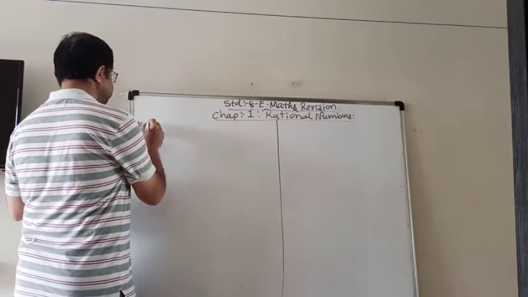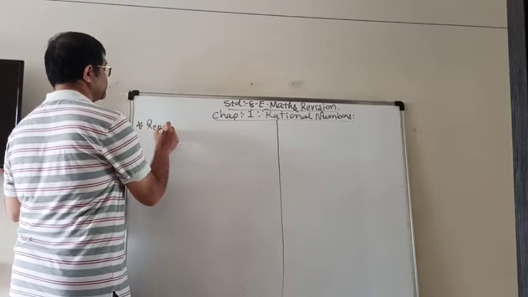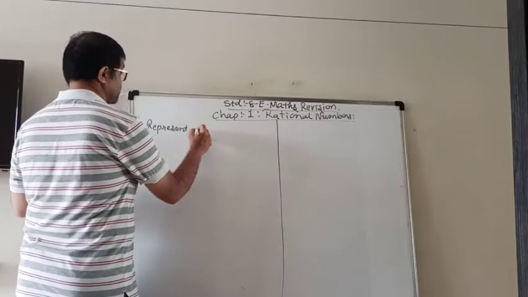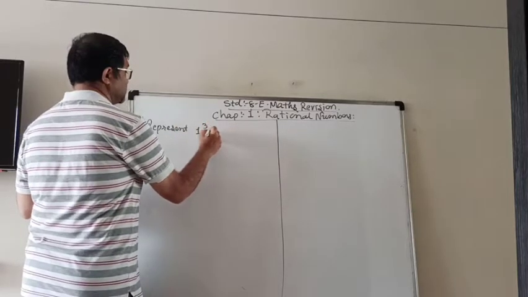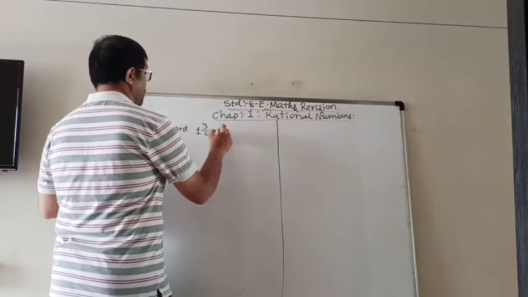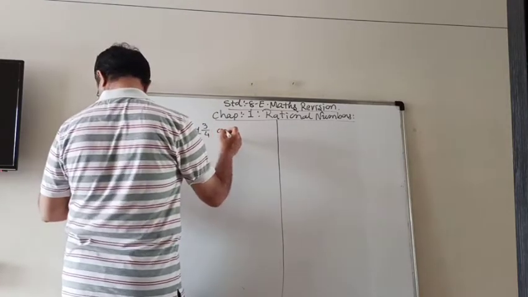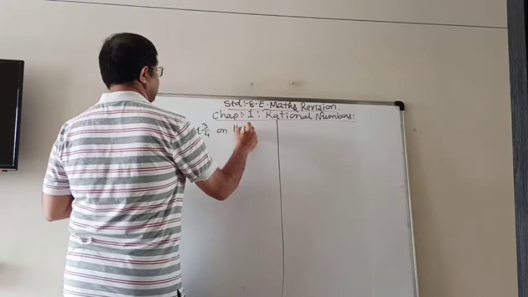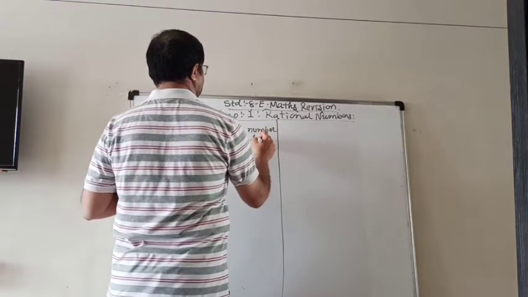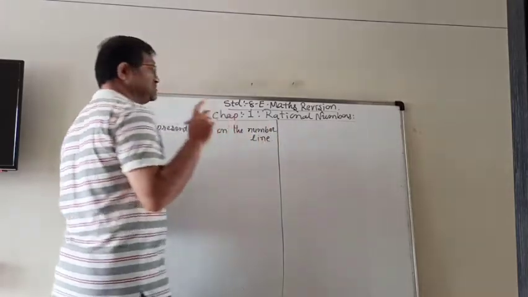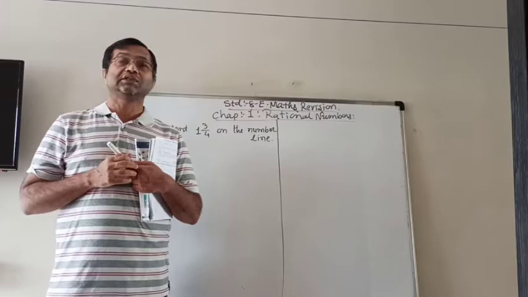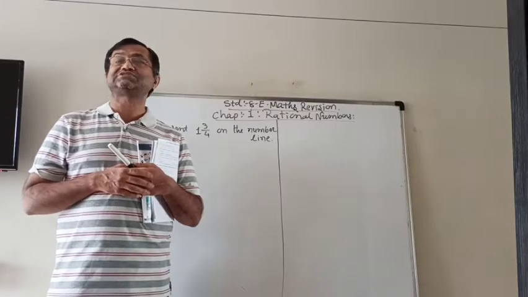So first question is represent one integer 3/4 on the number line. Now generally what I explained in the beginning, that you start from 0.